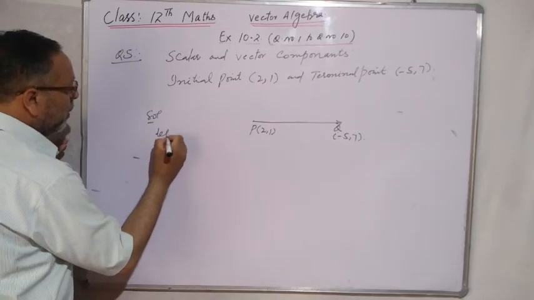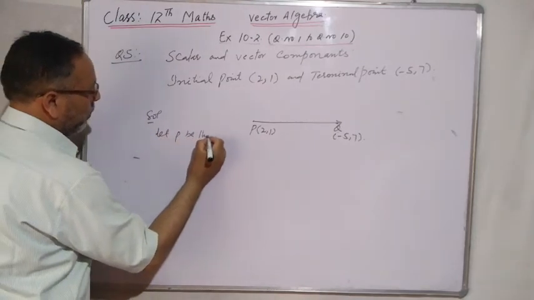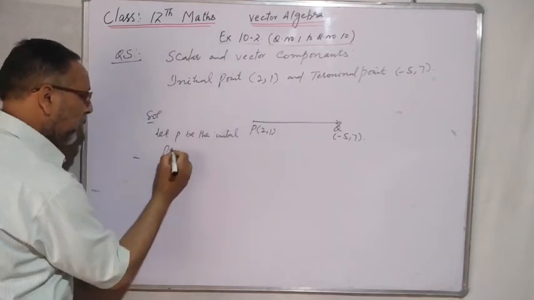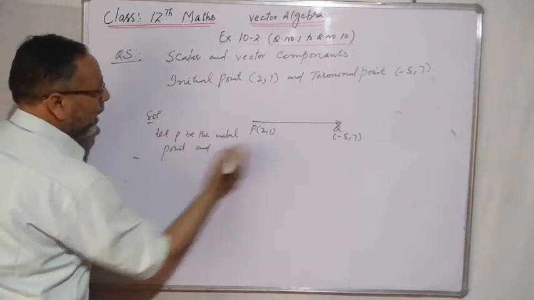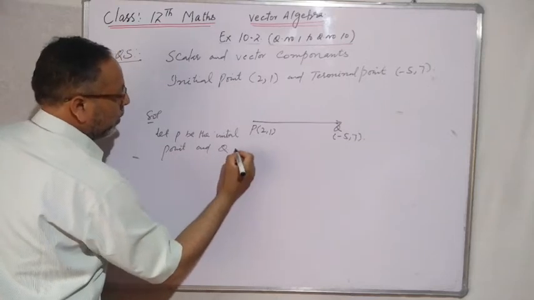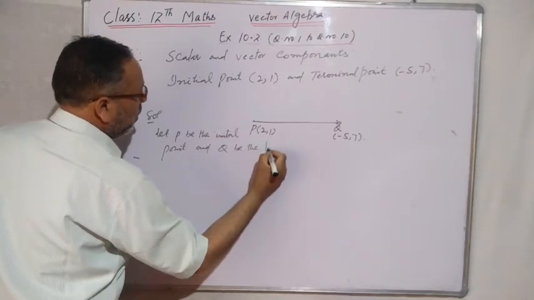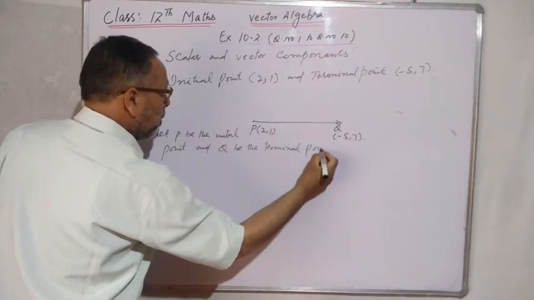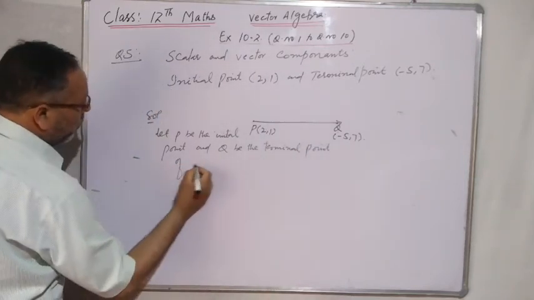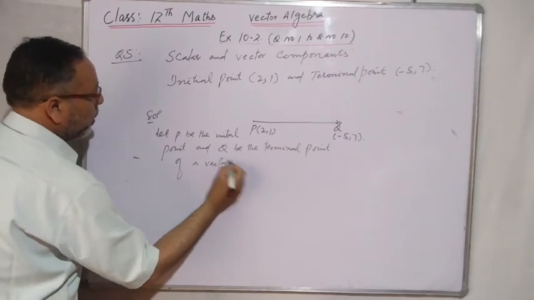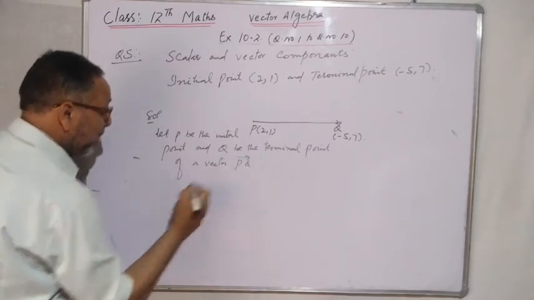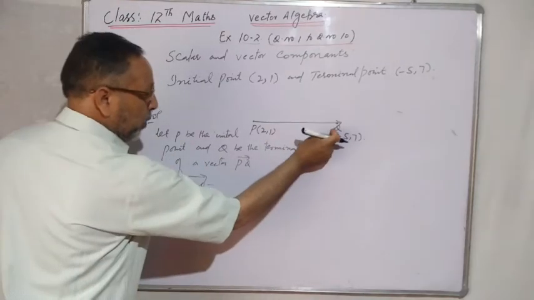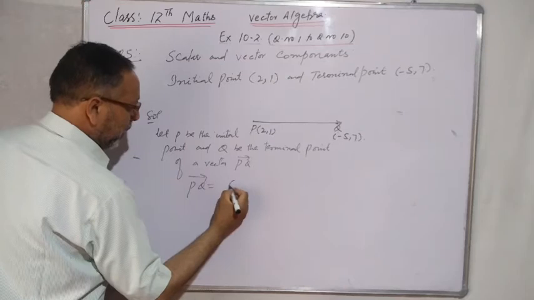So let P be the initial point and Q be the terminal point of a vector PQ. Then this vector PQ is equal to terminal point minus initial point, means it is equal to Q minus P.